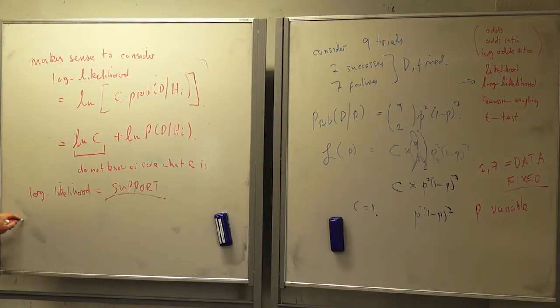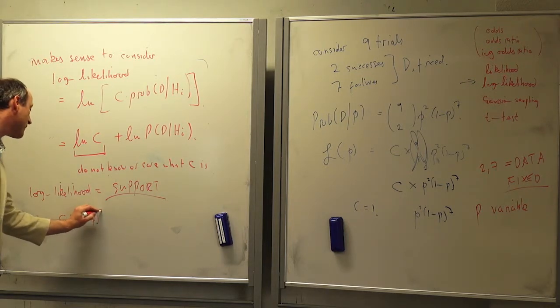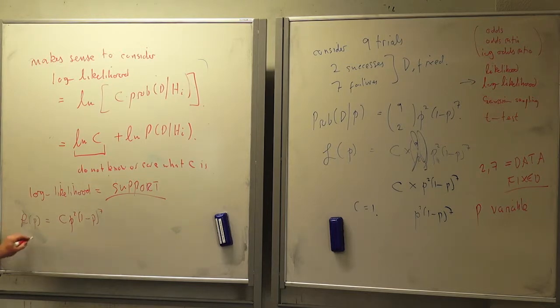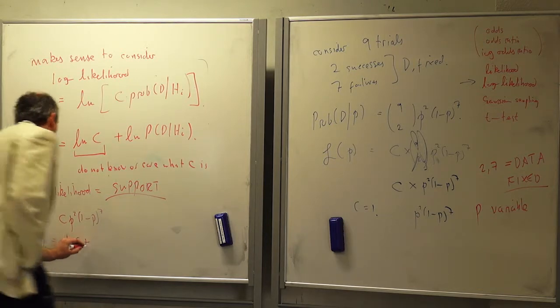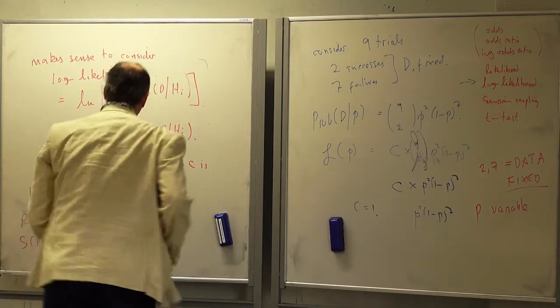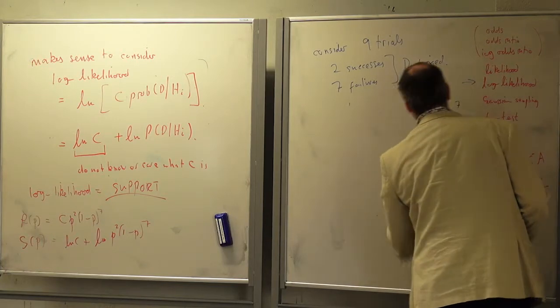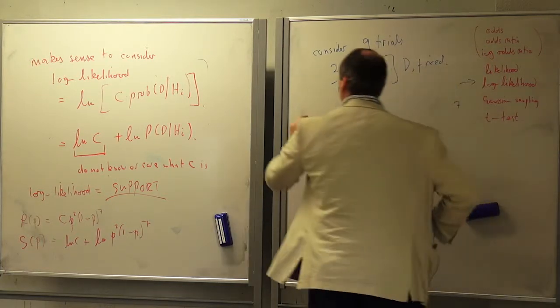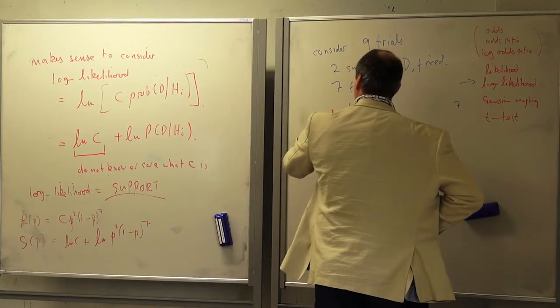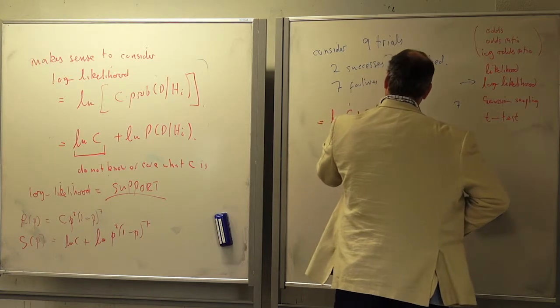So in this case, the likelihood for P equals some constant times P squared times (1 minus P) to the power 7. And therefore the support of P, which is the log of the likelihood, is log C plus log of P squared times (1 minus P) to the power 7, which equals log C plus 2 log P plus 7 log(1 minus P).